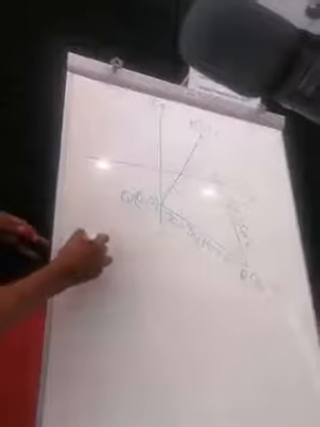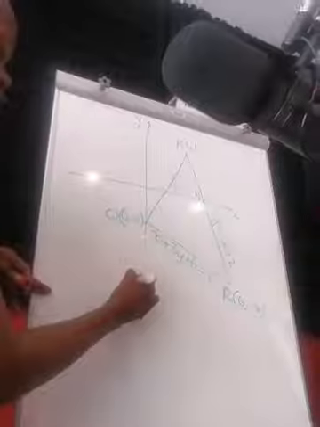So finding alpha, we make alpha the subject by taking the tan inverse of the gradient, which is positive 3. And then it is going to give us the tan inverse of 3.